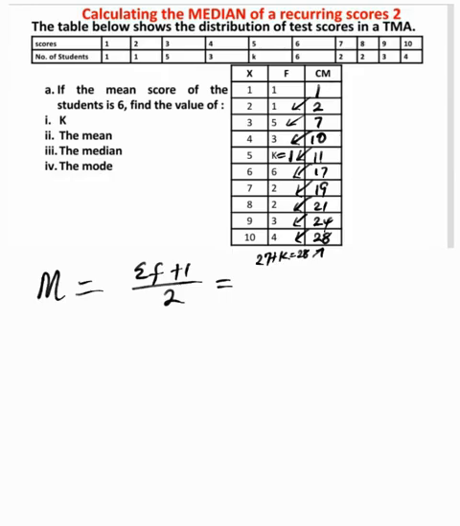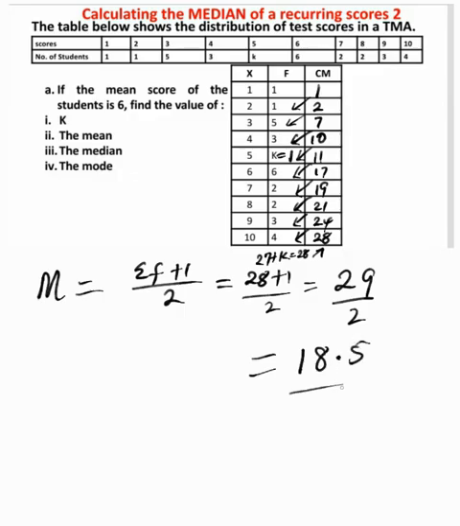of the cumulative frequency. So we have 28 now plus this 1 over 2, and that will be equal to 29 over 2. 29 over 2 is equal to 18.5. So this is the position of the median.